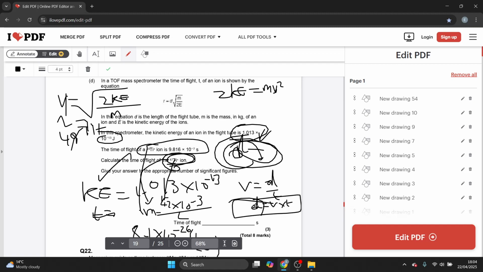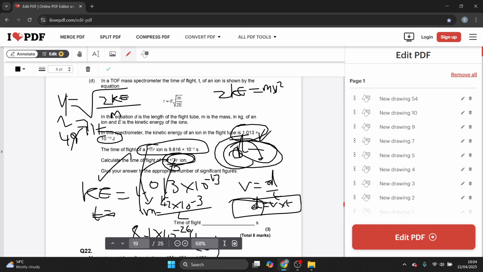Then in order to find the time of the 47Ti+, time equals 1.55 over v of the 47Ti+, and v equals the square root of 2 times 1.013 times 10 to the power minus 13 divided by the mass, 0.047 divided by 6.022 times 10 to the power 23.